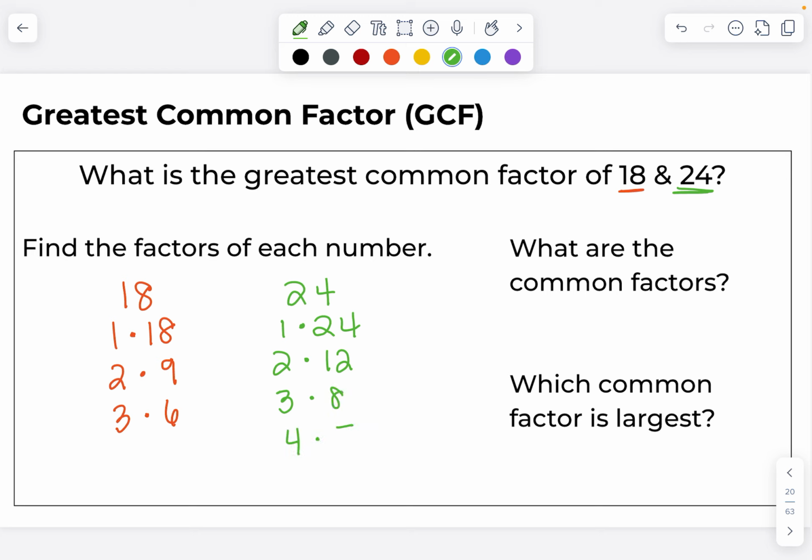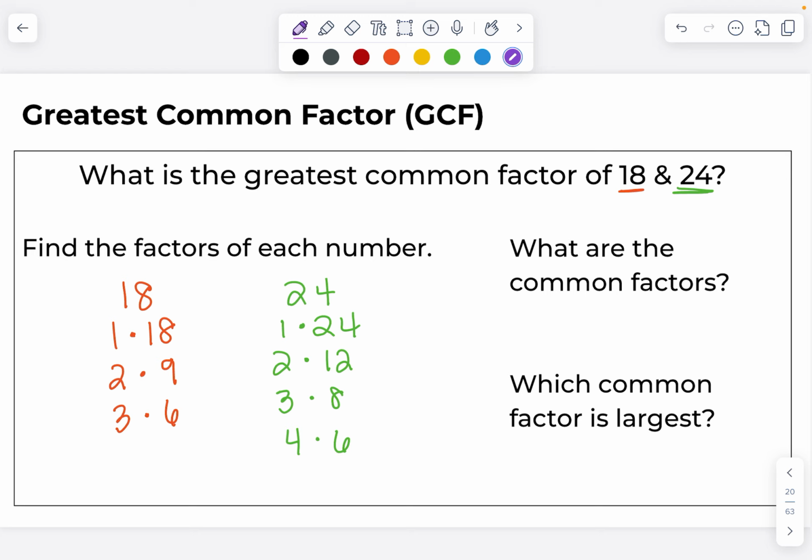And 4 times, oh, not 5, my bad, 4 times 6 gives us 24. And the only number between 4 and 6 is 5. 5 does not go into 24, so it doesn't go on our list. Because I don't have any more numbers between 4 and 6, I know that I'm out of possible factors.